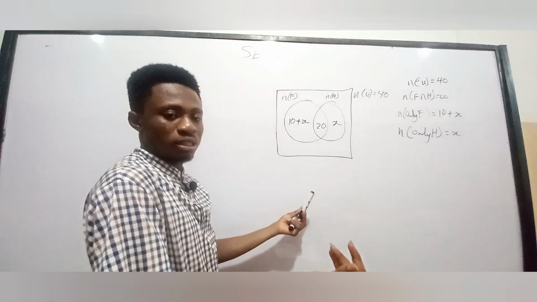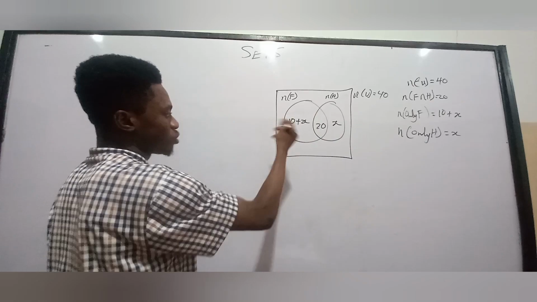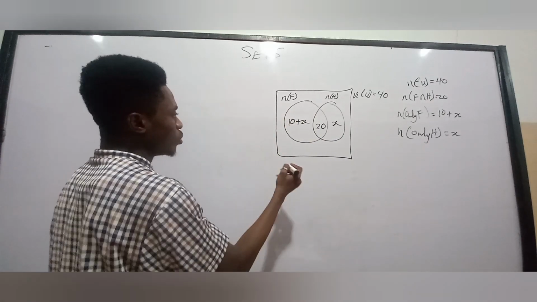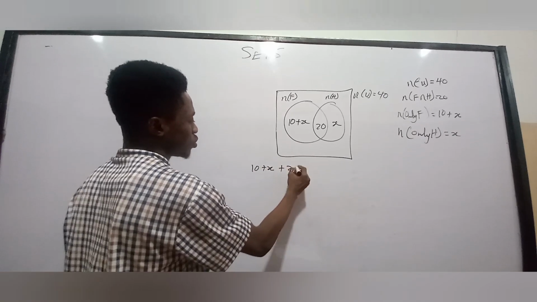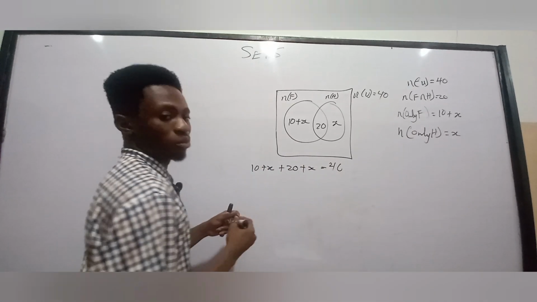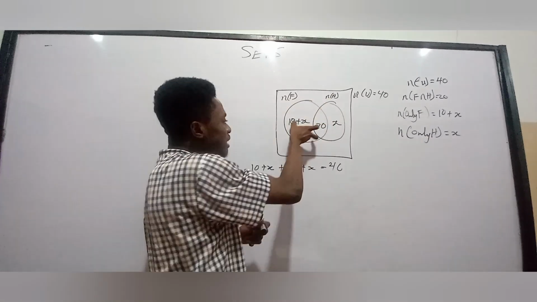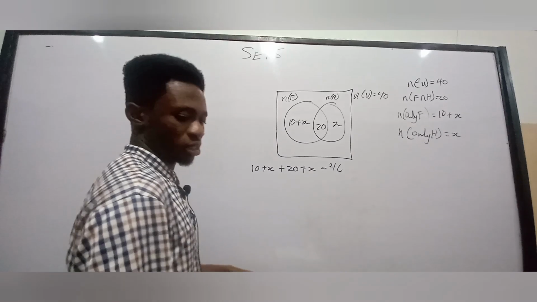Then we solve it. So now we can start solving it. So to get the X, we would say that 10 plus X plus 20 plus X is equal to what? 40. Which means that everything in here, when we add them, we will get 40.